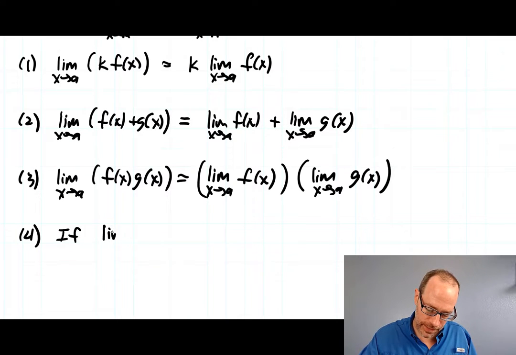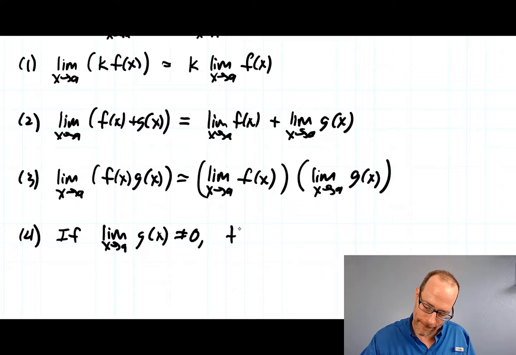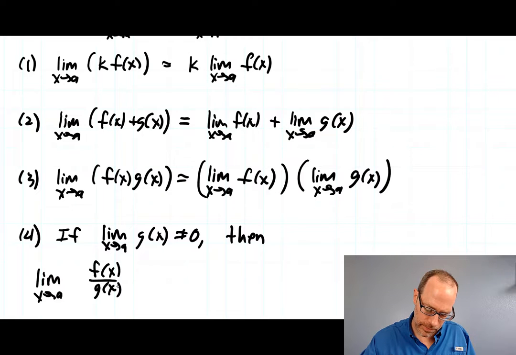If the limit as x goes to a of g of x is not 0, then the limit of the quotient is the quotient of the limits.